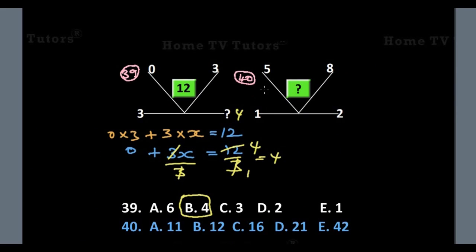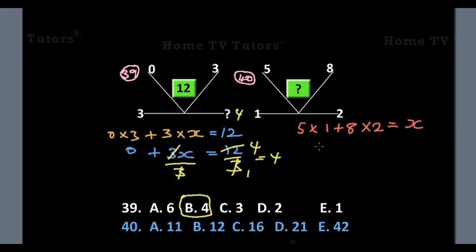Now question 40. The product of the numbers on the left hand side, 5 times 1, plus the product of the numbers on the right hand side, 8 times 2, are all equal to the unknown. That is what we are looking for.